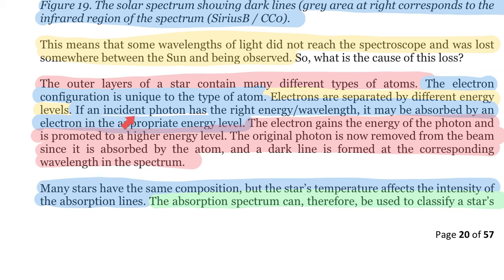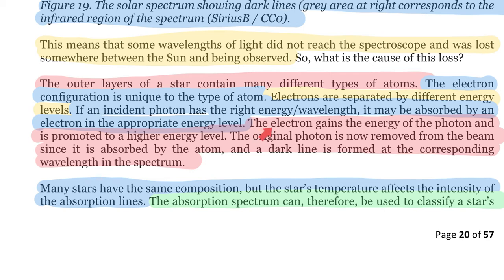So if an incident photon has the right energy and wavelength, it may be absorbed by an electron in the appropriate energy level. So if the energy of the photon corresponds with the energy difference between two energy levels within an atom, then that photon could give its energy to an electron in the atom in a specific energy level.